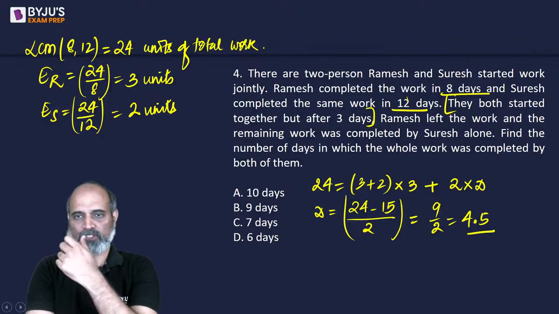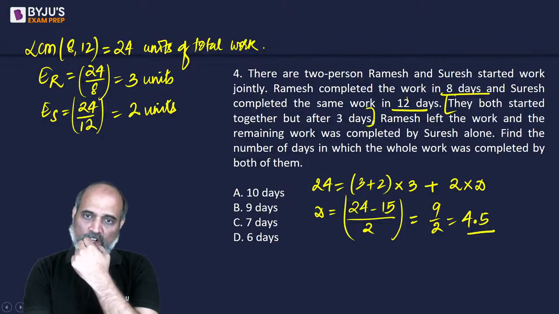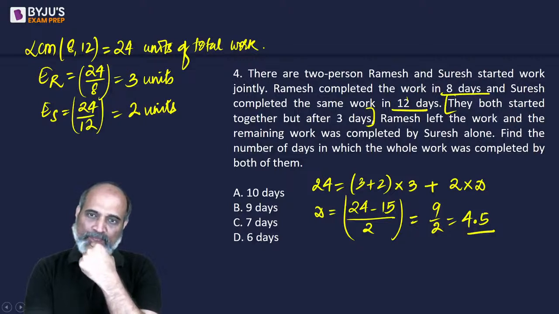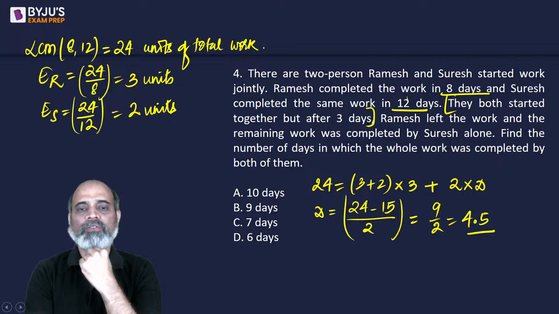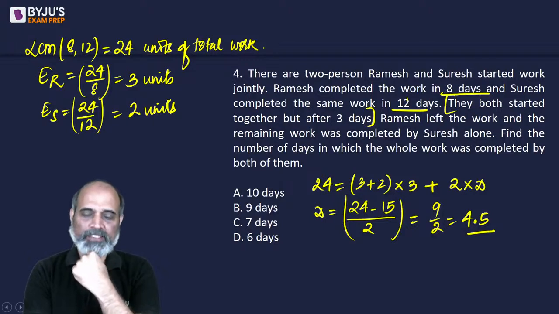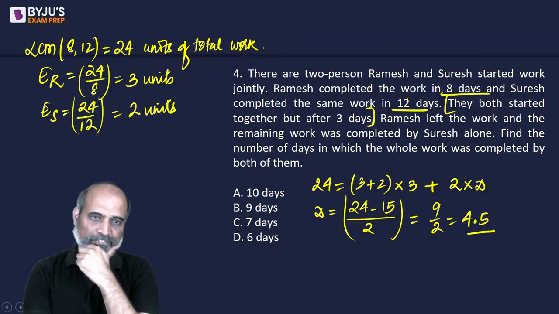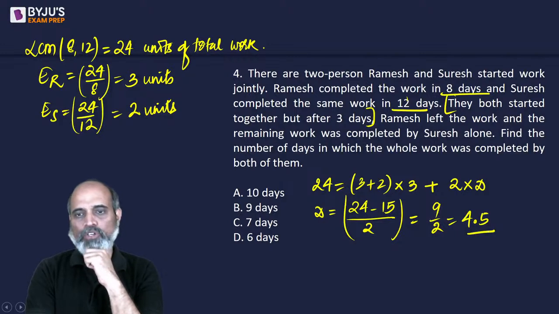None of the options match. So since Suresh alone completed it, Ramesh had left and Ramesh was completing 3 units every day.